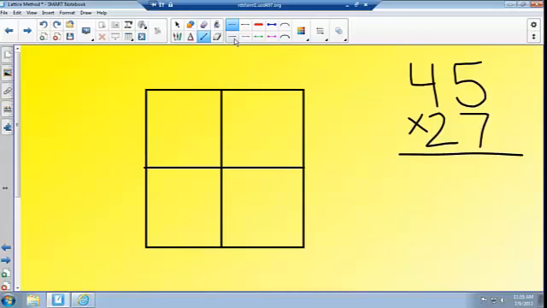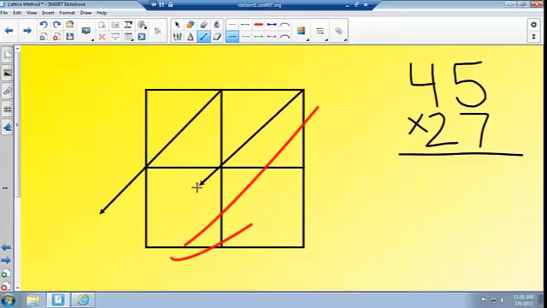Now you're going to use a diagonal line to connect one corner vertex to the opposite corner vertex. Make sure that you extend your diagonal all the way through the boxes to the bottom opposite corner.